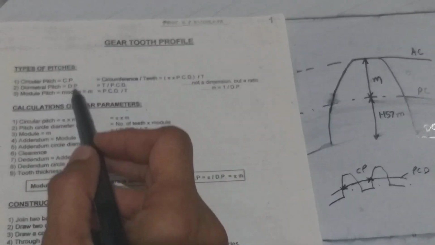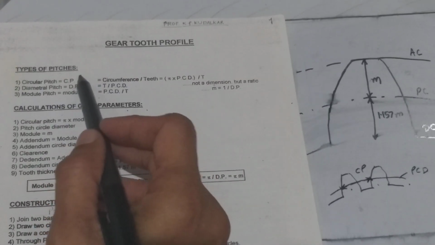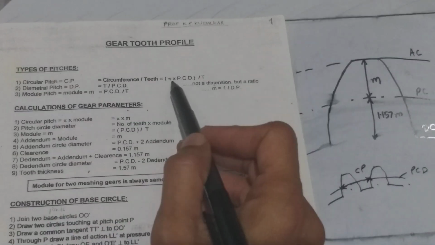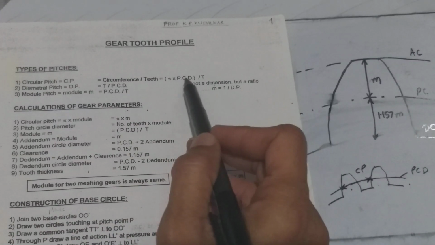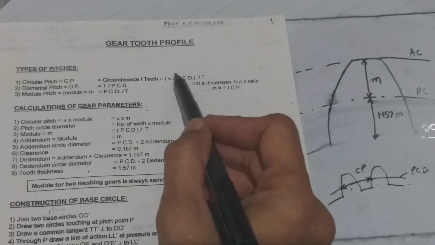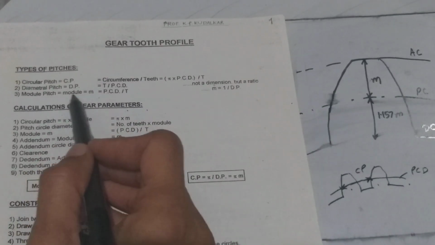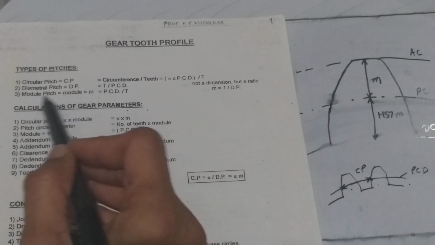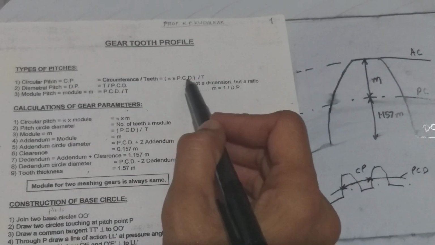Now how to remember all this? First, you have to understand what we have just seen, pi into PCD upon T. Once you understand the first one, then out of that, this part, PCD upon T, is the third pitch called module.